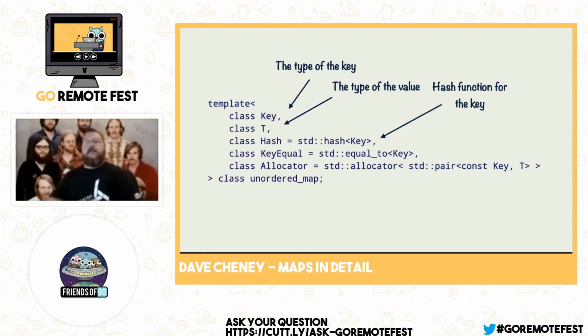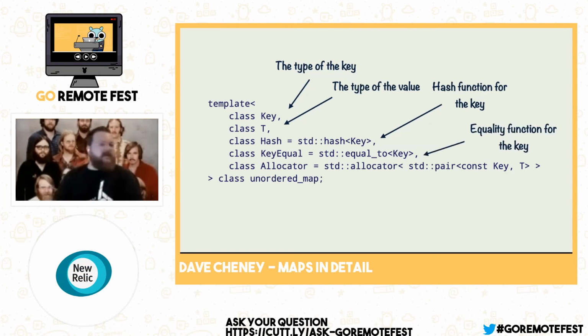The hash function, you can provide the specific hash function you want to use when using this map. Otherwise, you get this default standard hash. And similarly, the equality function that you're going to use to compare the key you're looking for to the key stored in the map is also provided. So you spell out all these things to C++ when you're constructing an unordered map.